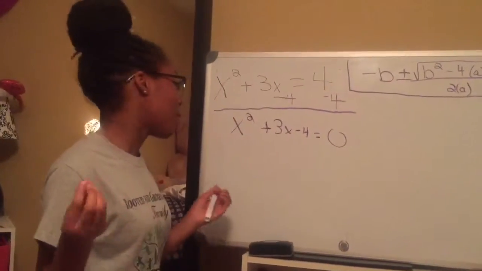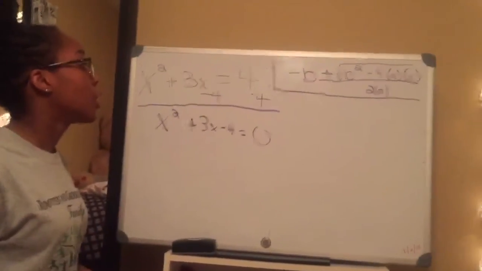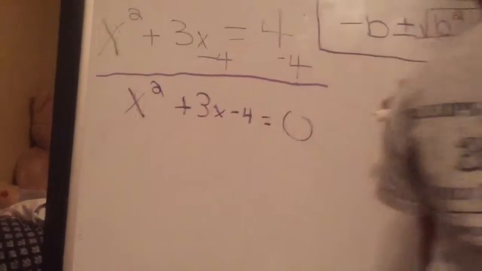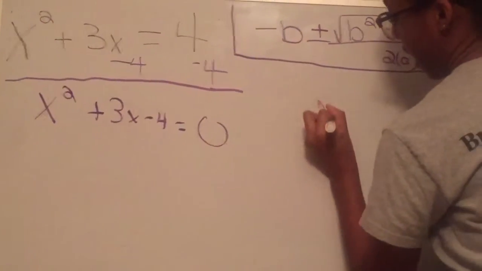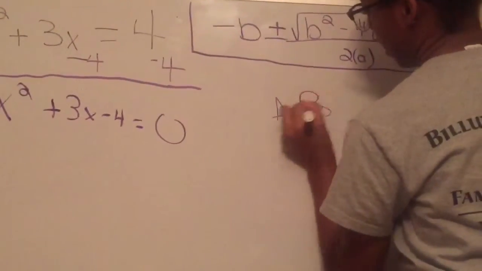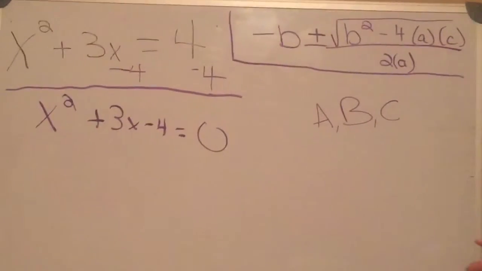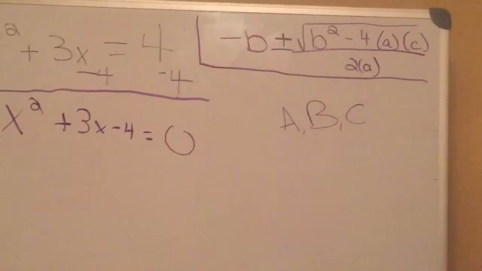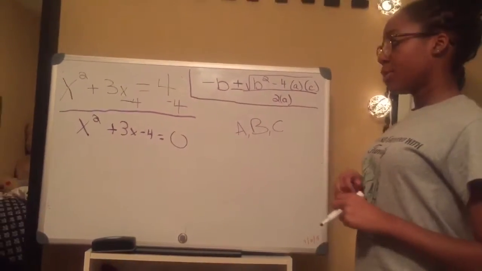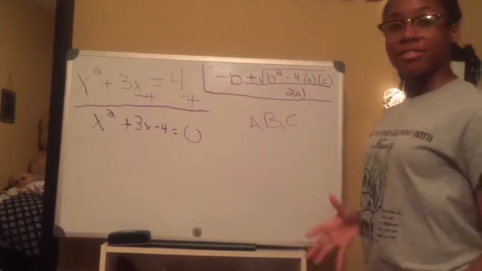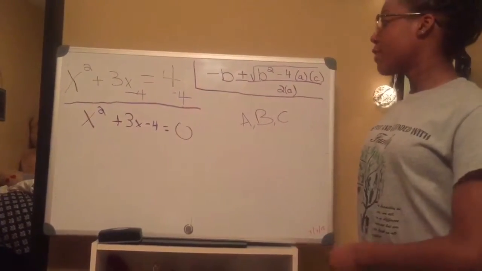So now that we have the party concept, we're going to apply what I call the ABC rule. With the ABC rule, you see that we have these letters in our formula. Now we're going to follow the Jackson 5, ABC, 1, 2, 3.